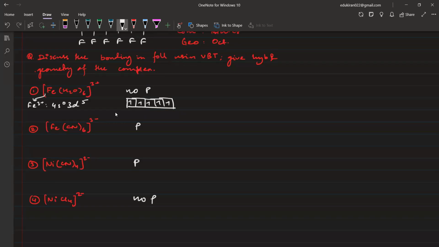And since there is no pairing, we cannot pair this up. And we have the 4s, the 4p, and the 2 orbitals from 4d will be used. All of these will have the electrons from water. So my hybridization will be sp3d2, and the geometry will be octahedron.